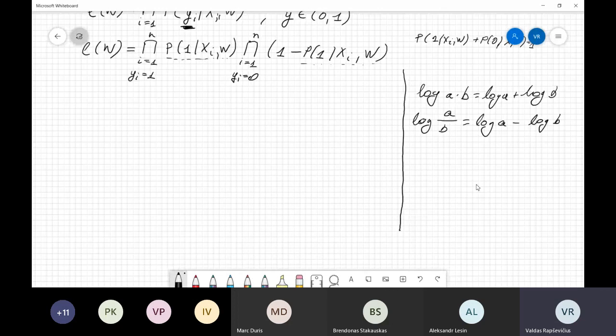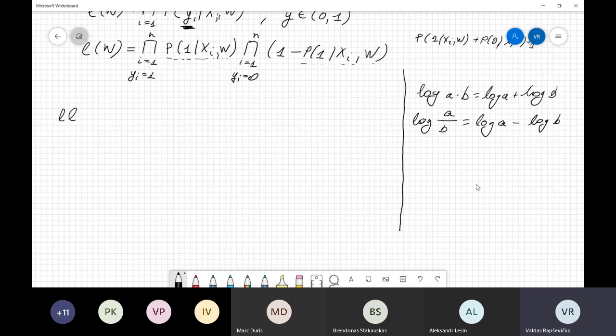We will use these rules to get rid of the products, so we take this likelihood and express it in logarithmic notation.